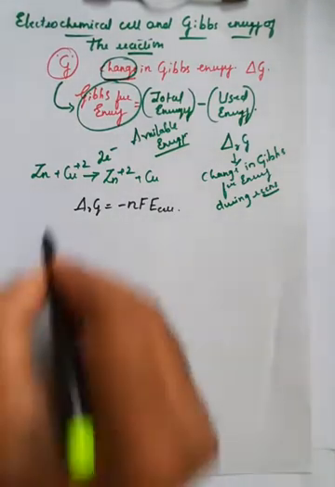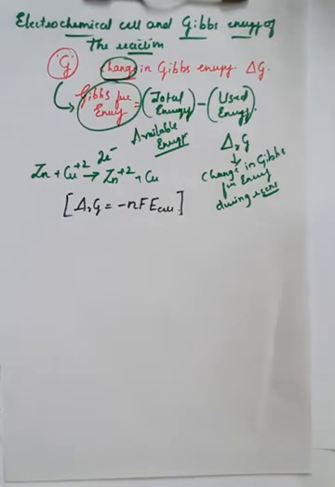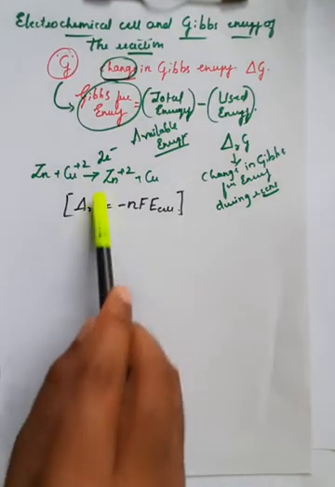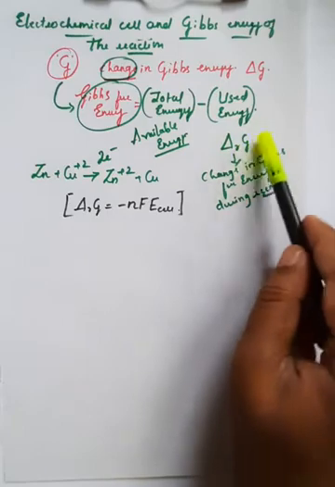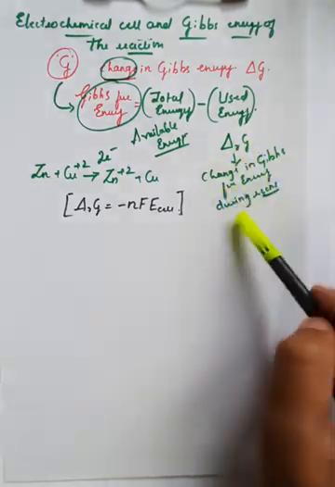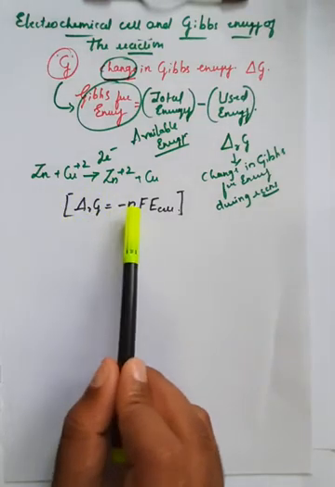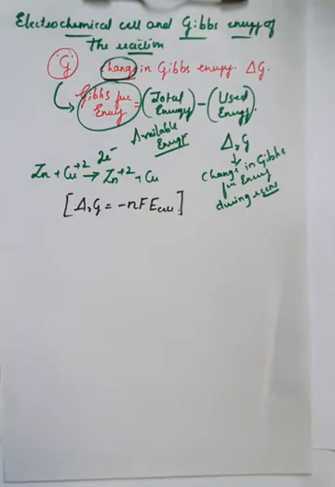So the equation for the calculation of the change in Gibbs free energy during the reaction, delta R G, can be calculated with the formula delta R of G equals minus nF into E cell, the total EMF of the cell.